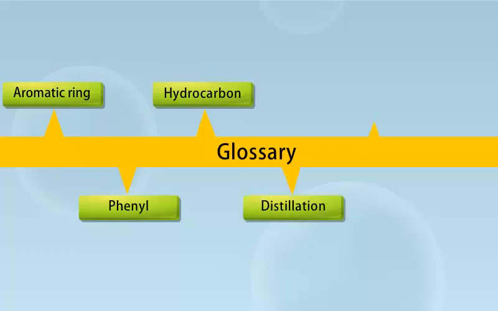Summary. Let us summarize what we have learned. Haloalkanes are compounds which have the general formula RX, where R is an alkyl or substituted alkyl group and X is a halogen: F, Cl, Br or I. Haloarenes are compounds containing halogens attached directly to an aromatic ring.